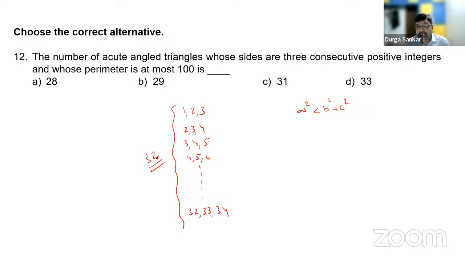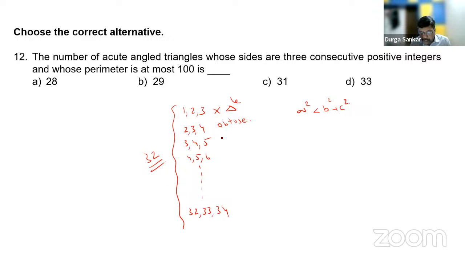At most 100 means maximum 100. But I need to see how many of them form a triangle and how many form an acute angle triangle. 1, 2, 3 does not form a triangle because the sum of 2 sides must be greater than the third side. Now 2, 3, 4 forms a triangle, but in fact it forms an obtuse angle triangle.